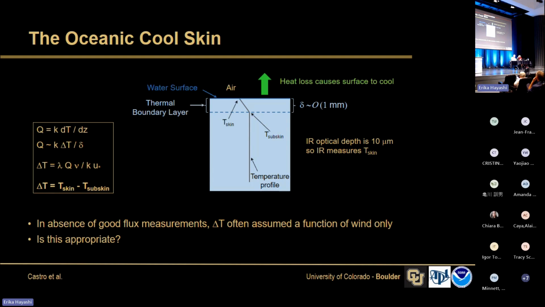In past theoretical work, delta T was determined to be a function of both the heat flux and the wind stress. But given the lack of reliable heat flux measurements, we had to go around this, and delta T was simplified even further, and it was assumed to be a function of the wind speed alone.